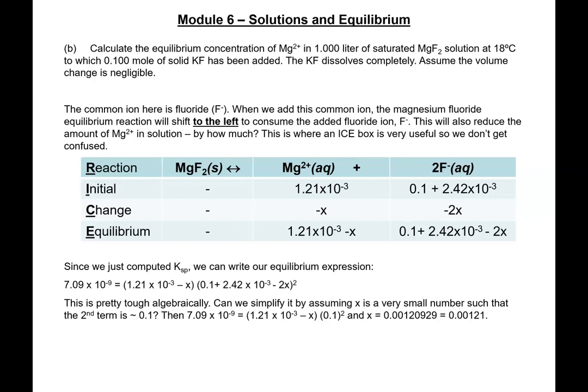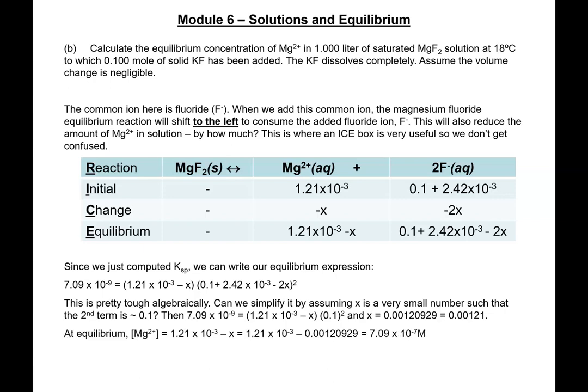We think we can get away with that because if x is small, then x squared is going to be even smaller. So now if I solve for x, I get x is 0.001200929. We're going to round that to 1.21 times 10 to the minus third. Okay?